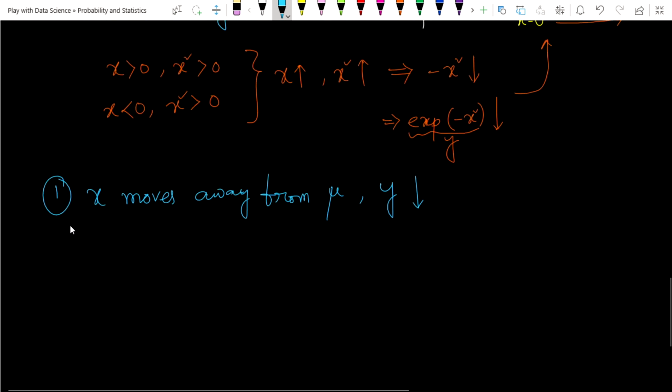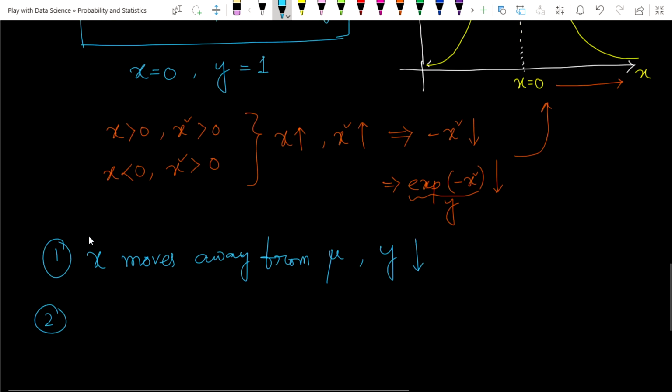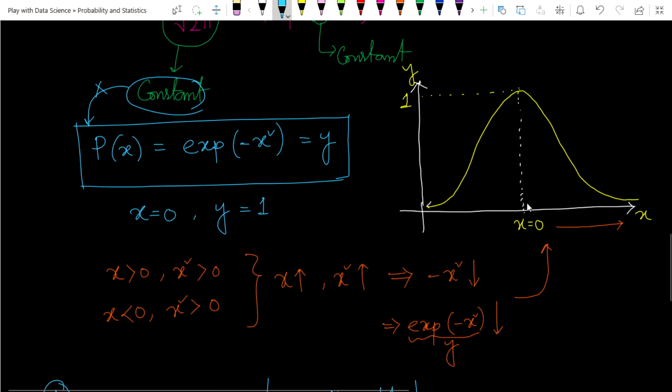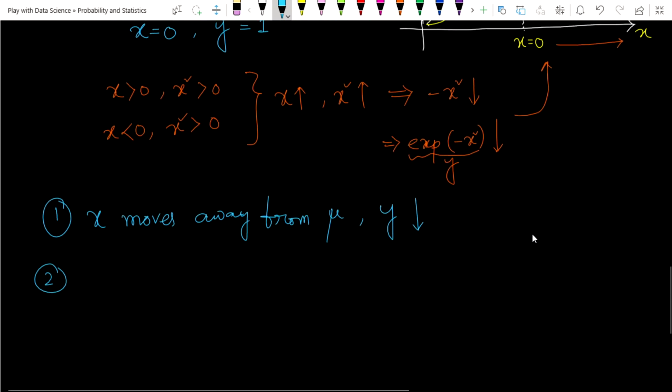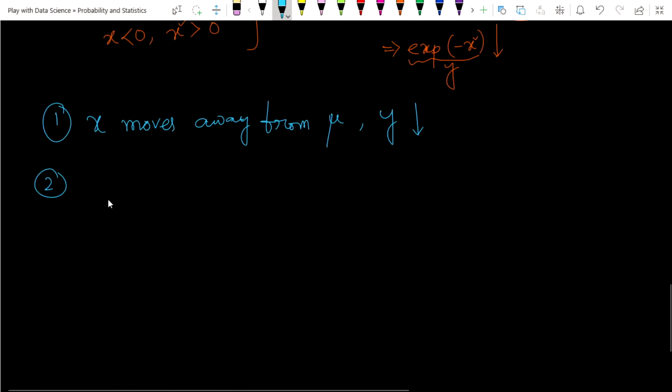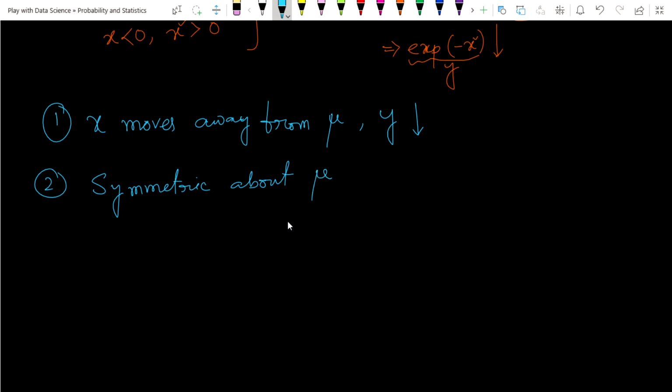Now the second thing that we observe is that the Gaussian curve is symmetric about our mean value, about x equals 0, which is the mean. It is symmetric about the mean.